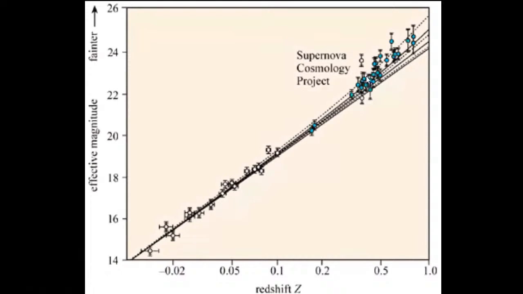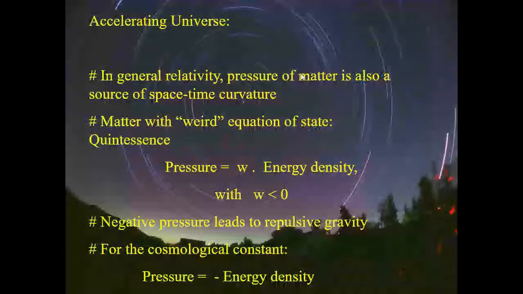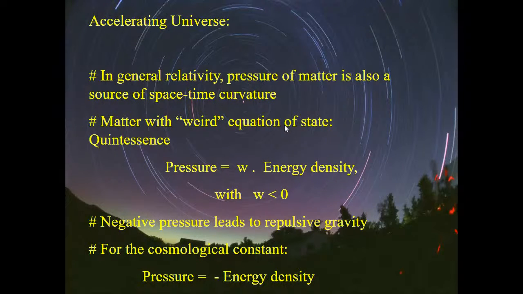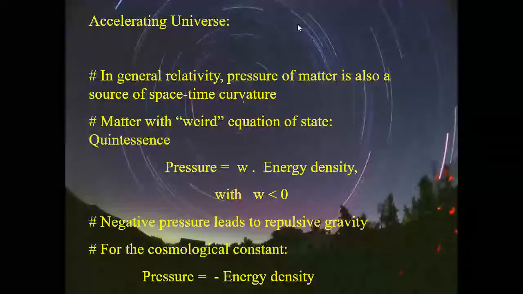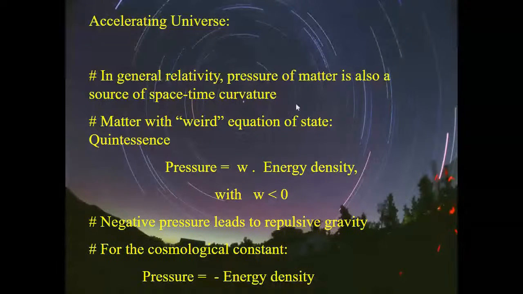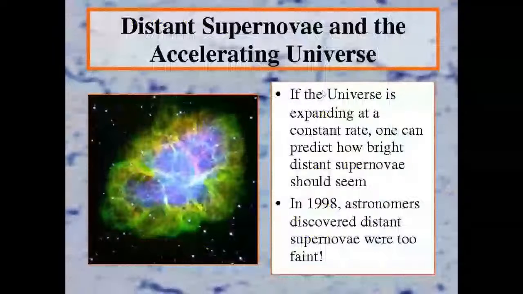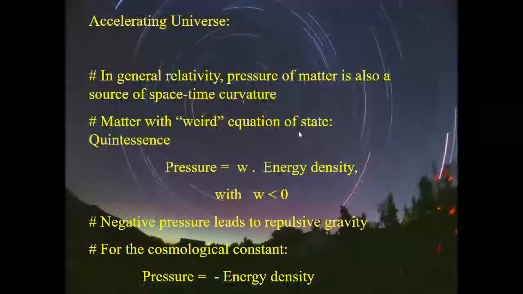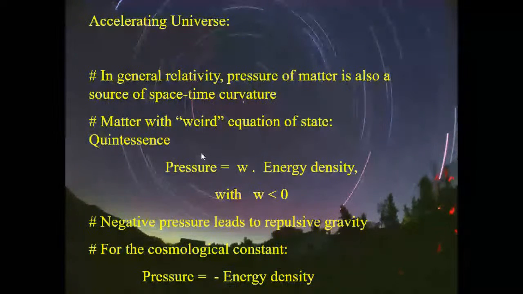Anyway, I don't want to spend too much time here, except to point out that in order for you to see an accelerating universe, you must have repulsive gravity. Repulsive gravity is allowed in general relativity, except that to generate repulsive gravity in the framework of Einstein's general relativity, the pressure must be negative.